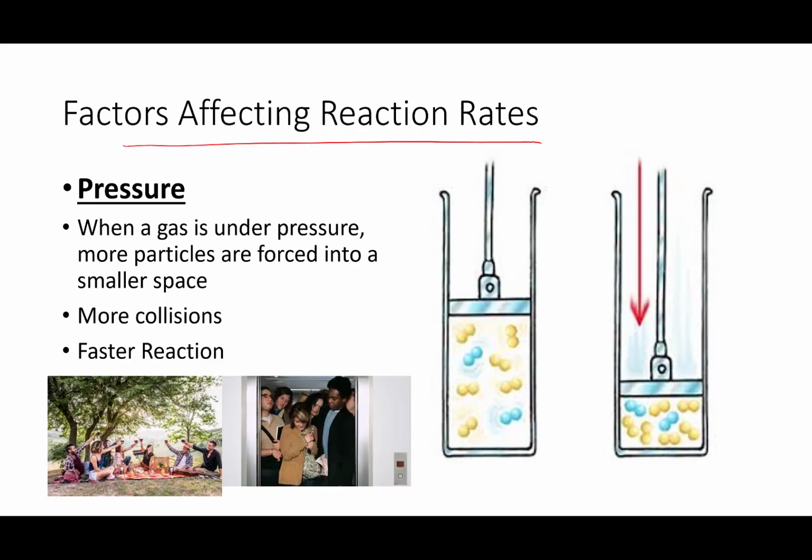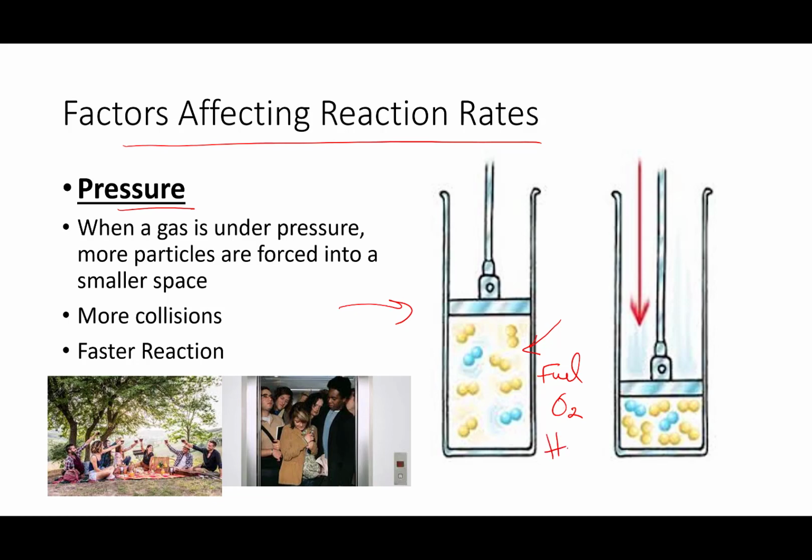Another thing that's going to impact the rate or the speed of a chemical reaction is pressure. A classic example of this is a piston. If you've got gas molecules in an internal combustion engine and the molecules are a great distance apart, that doesn't mean they're necessarily going to combust. You might have fuel, you might have oxygen, you might have everything you need to start that combustion.